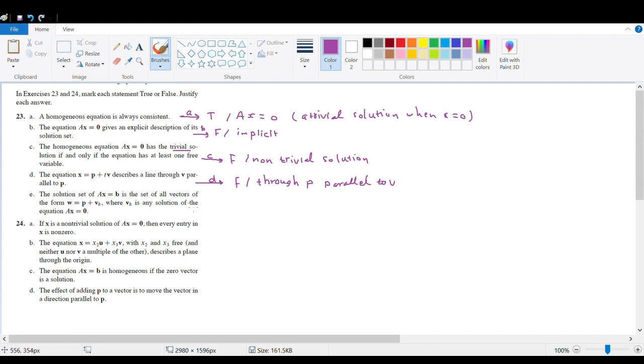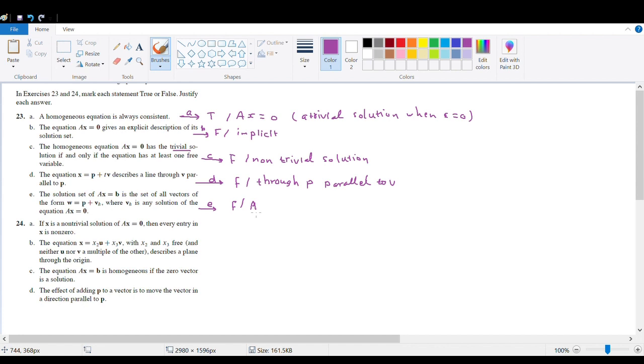Now E, the solution set of Ax is equal to b is the set of all vectors of the form w is equal to p plus vh, where vh is any solution of the equation Ax is equal to 0. This is from theorem 6, which is the last theorem, but here it does not say that Ax is equal to b has to be consistent. So this one is false.